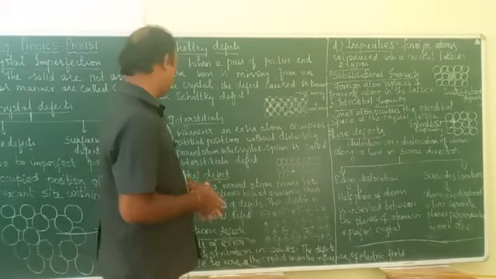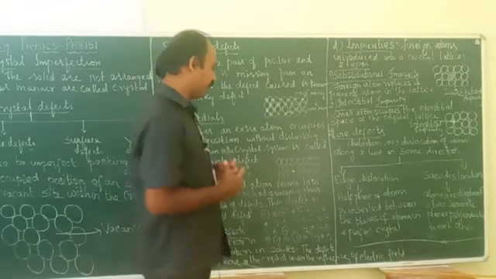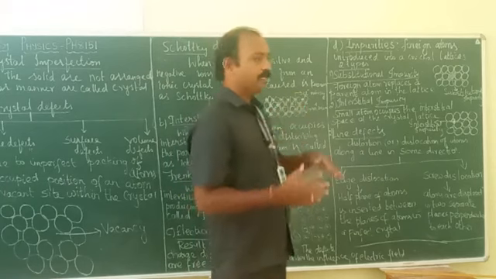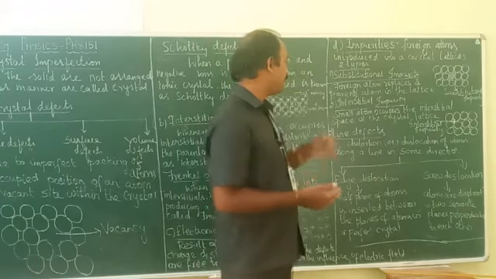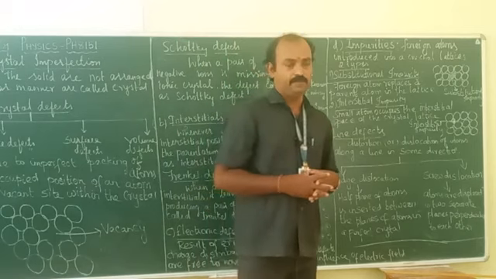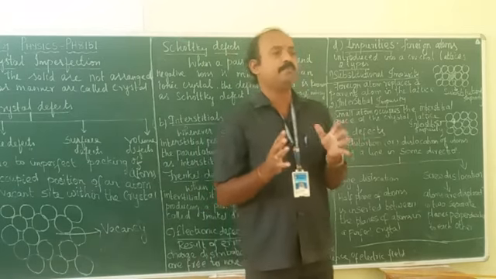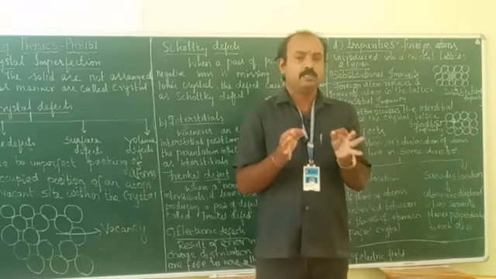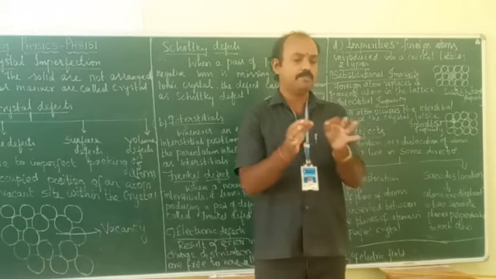And electronic defect is due to the electric field. Then impurities are classified into two types, substitutional impurity and interstitial impurity, and then also line defect. So defects are very important in crystal growth. Without defects, that is the best crystal.